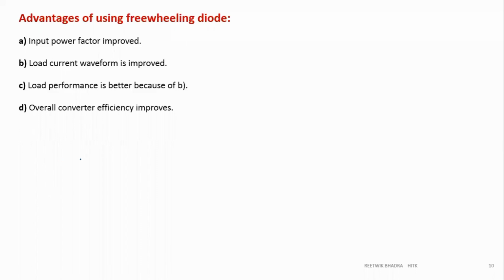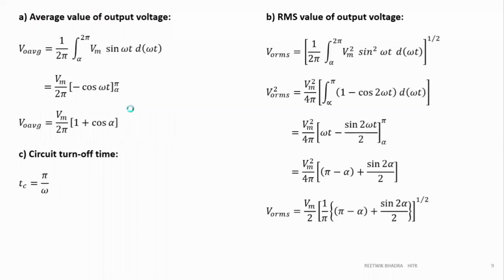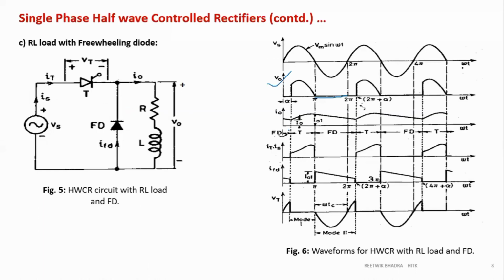Next, your load current waveform improves. Why does the load current waveform improve? If I make this operate in a continuous conduction manner, I can have the load current improved in nature. With the inductor, the load current has less fluctuation. If I take a discontinuous waveform, there is a fluctuation from 0 to, suppose, 5 ampere.